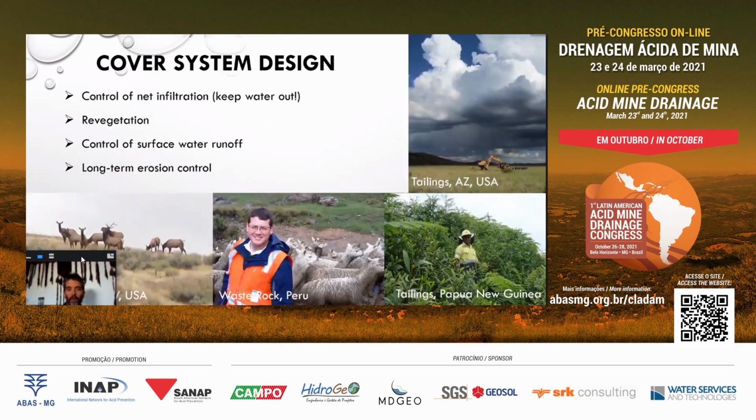In terms of cover systems, the first goal we have is to control the net infiltration, to keep water out of the waste. We also want to revegetate if possible, depending on the post-mine land use, especially if any type of wildlife habitat or livestock grazing is planned. We need to be able to get things to grow and be healthy in the cover system.